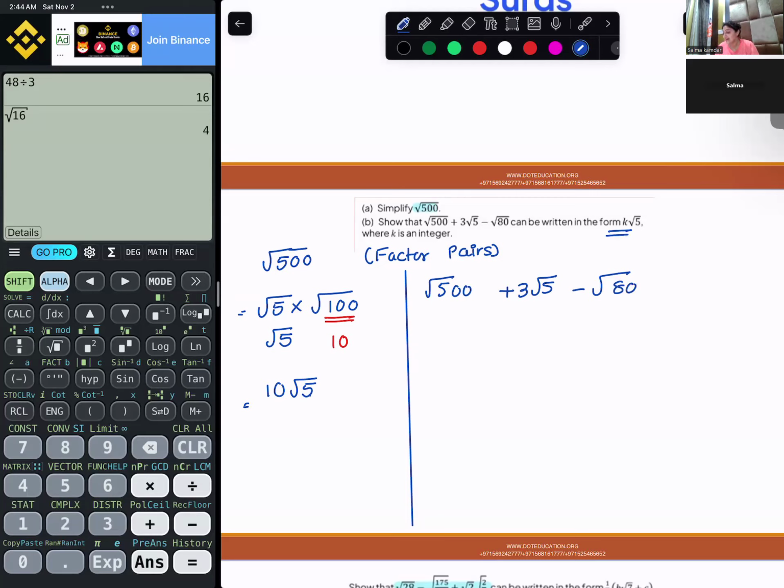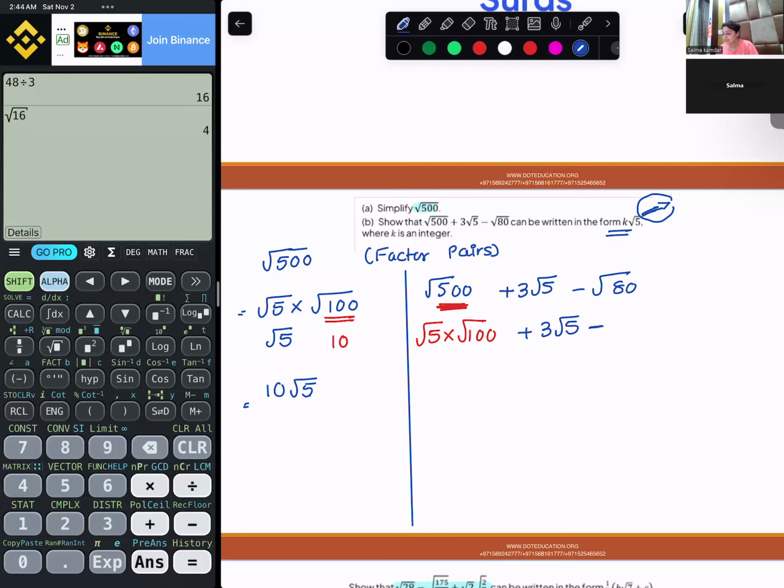What I would do is I would try to simplify the surds, seeing that I get something as common, and here they have given it root 5. Root of 500 can be written as root of 5 into root of 100, because 5 times 100 gives me 500. Plus 3 root 5, I will write as it is.